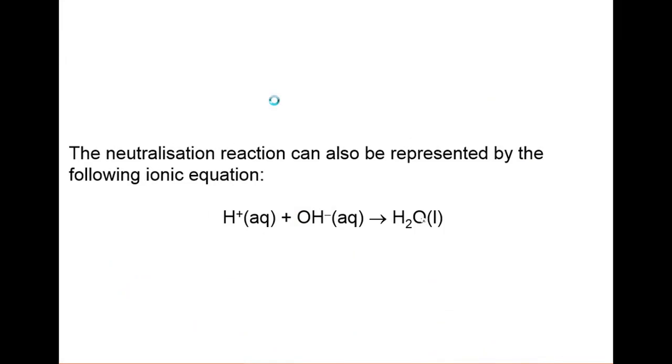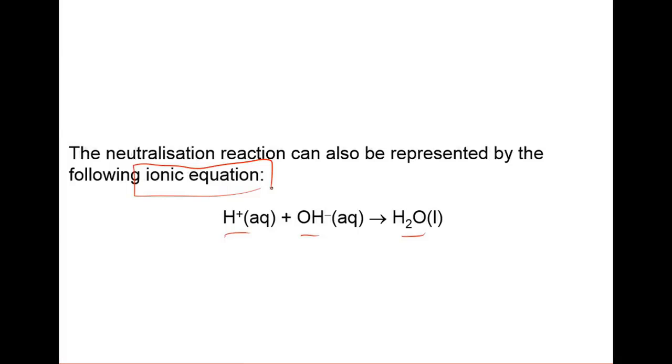If I were to summarize the key components of the neutralization reaction, I am left with these ions, H+ and OH-, giving us water. How in the world did I get this equation, or what we call the ionic equation?